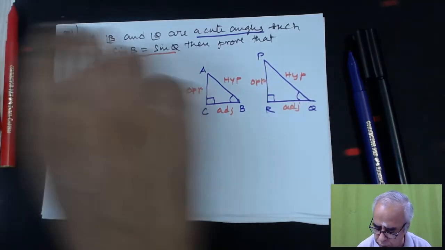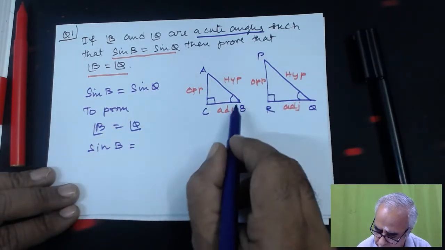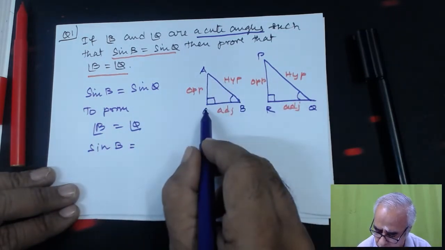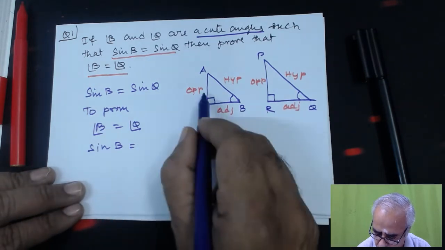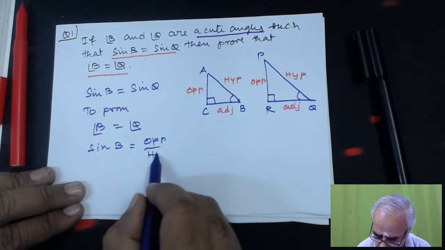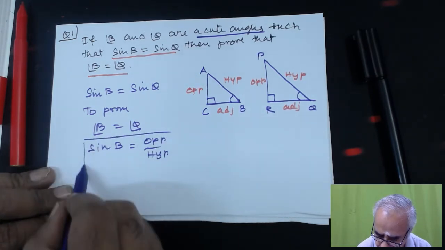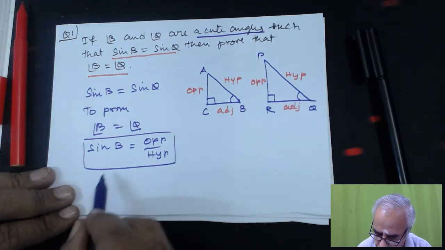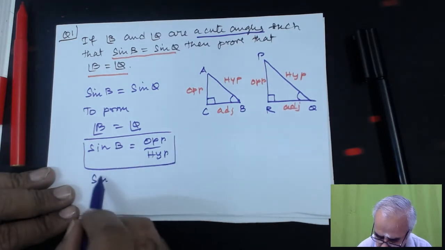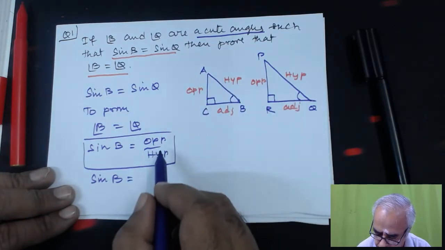Now we know the formula: sin B is equal to opposite by hypotenuse. So this is the basic thing we should remember. In that case, sin B is equal to, what is opposite side in triangle ABC?